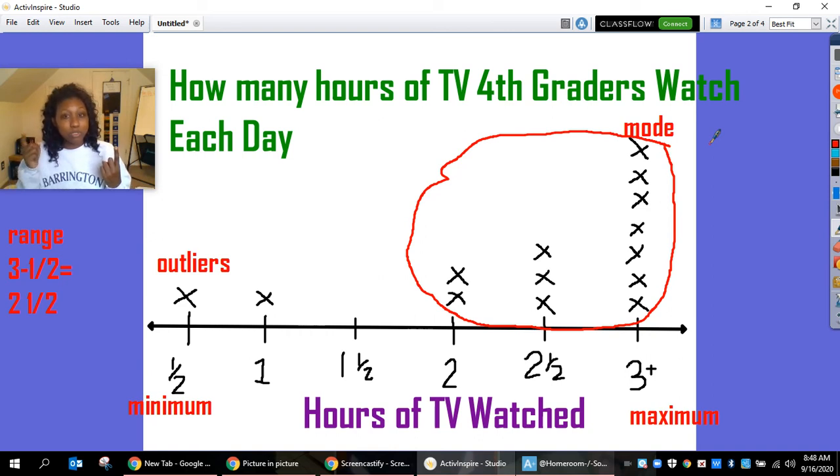I'm saying about because I know there's some people who don't watch TV. There's a second statement. I can say that more students watch 3 or more hours of television than anything else. There's a third statement I could say about the data. Our goal is always to be able to say at least 3 statements about our data.